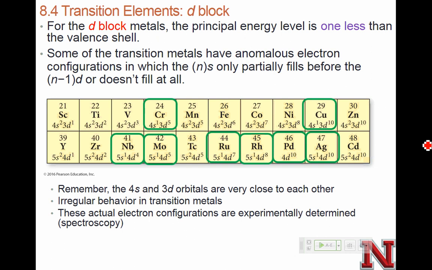So that's why copper can bind different ways. It can bind with a 2+ or a 3+. We can have copper 3+ or copper 2+, and it has to do with the fact that we have this 4s and this 3d, and they're really close together, and we can have different electron configurations. You just have to know these. That's true of sometimes. So those that I have in green, that's the way that they will typically fill.